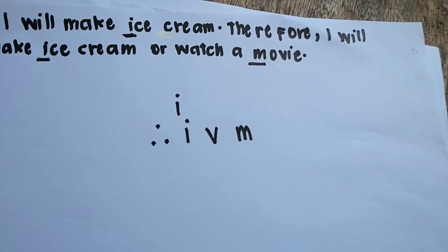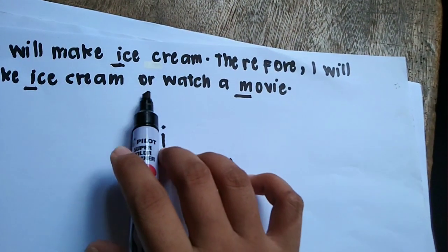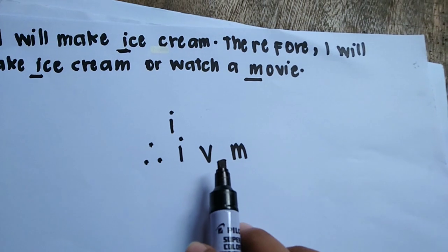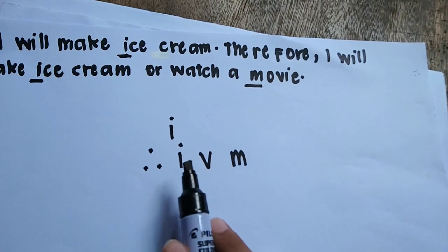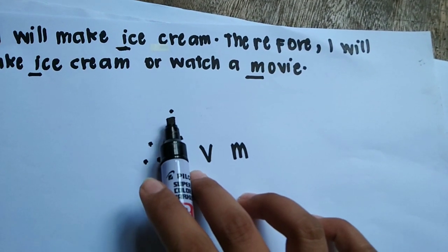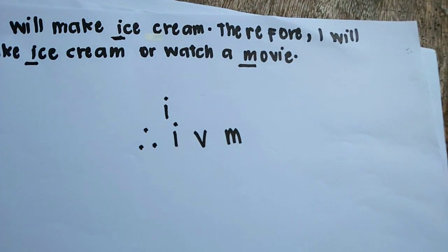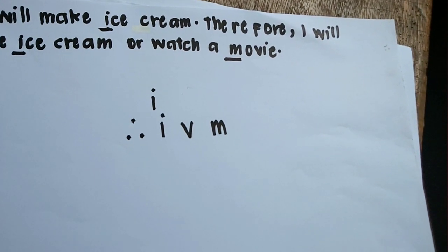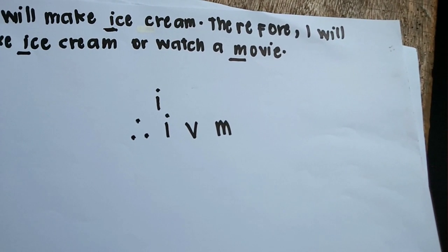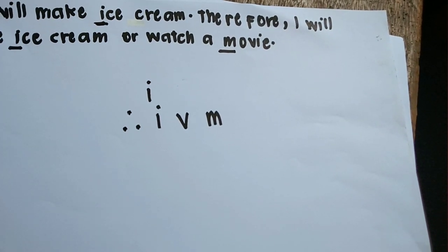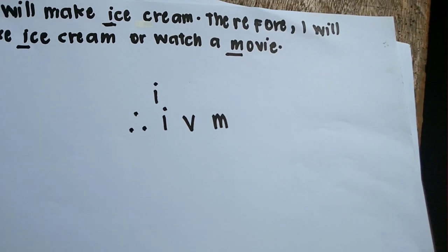Because as we remember, yung or natin dito is yung symbol na letter V. So, we join a statement to a premise. So, yung I na ito is galing siya sa premise dito sa nauna. So, then our conclusion is I or M. Because as the underlined words, that will be our P and Q.